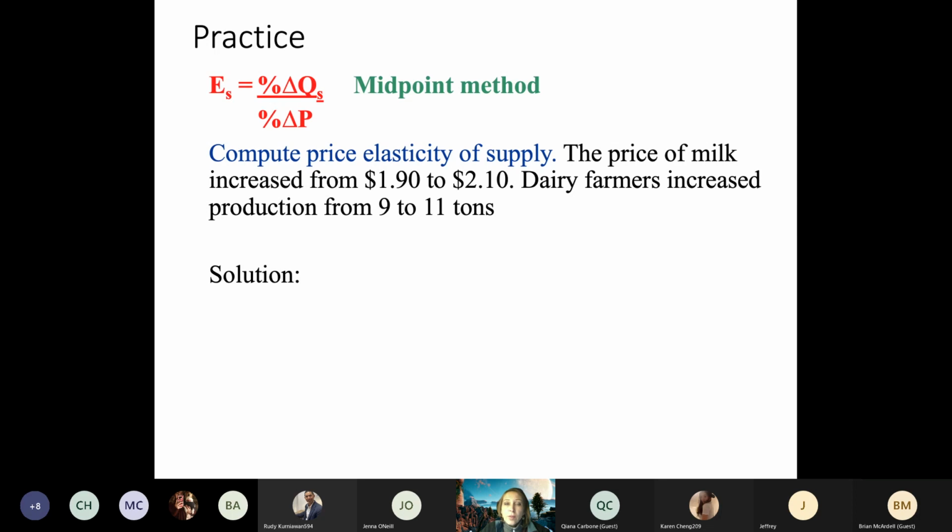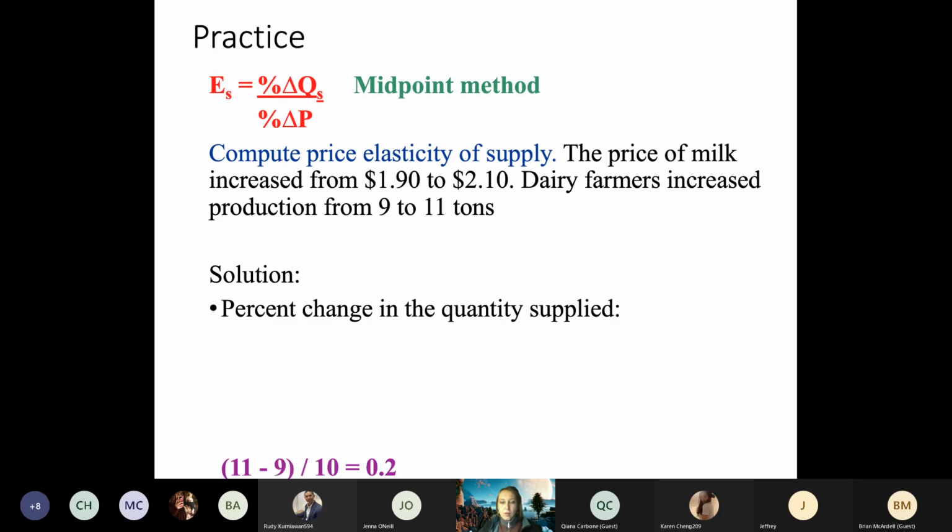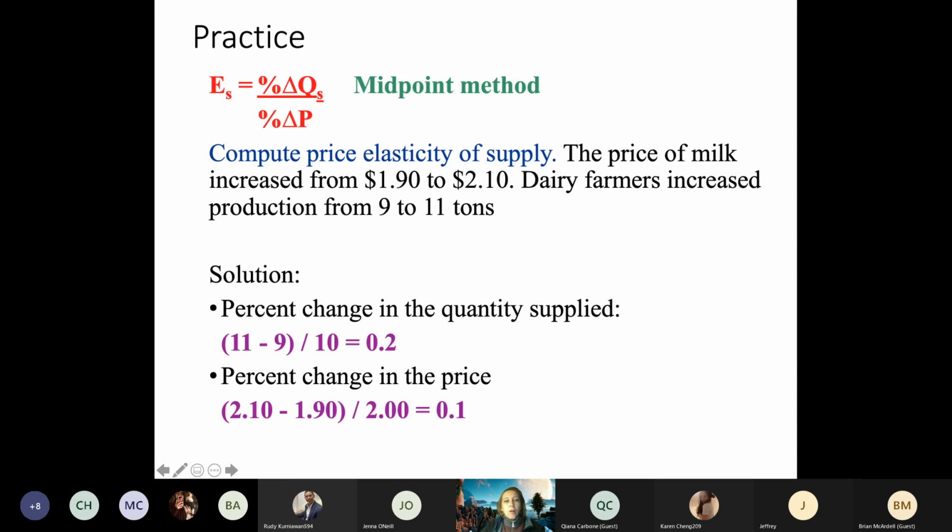So use the midpoint formula. You divide the change by the midpoint, 10, and you get the percent change in quantity. And the percent change in price is the change divided by its midpoint.